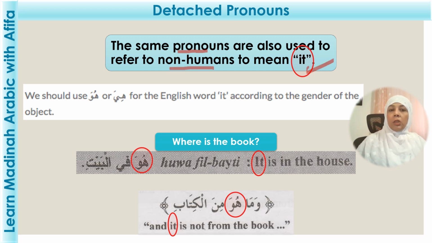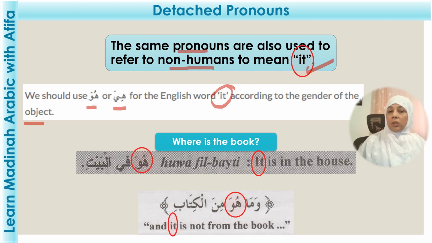So we should use huwa or hiya for referring to it according to the gender of the object. Yes, in Arabic, objects also have a gender. So they're masculine or feminine. And with time, you will get to know whether this object is a masculine or a feminine.